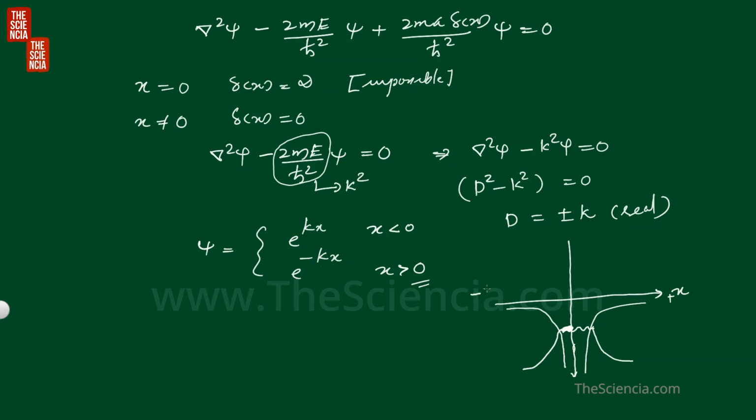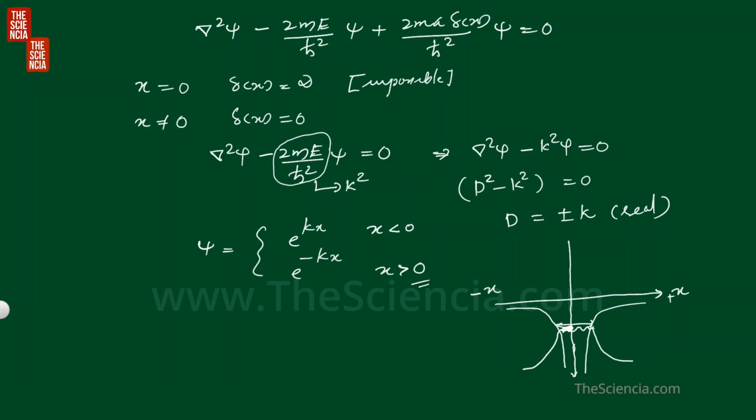And in the negative x region, e raised to kx, the x value in this negative region is negative, so it is e raised to minus k times modulus x, so it will decay here. That is, the wave function corresponding to the particle will be 0 other than the region where the particle is existing. So beyond that region the wave function should vanish. That is why the wave function is like this.